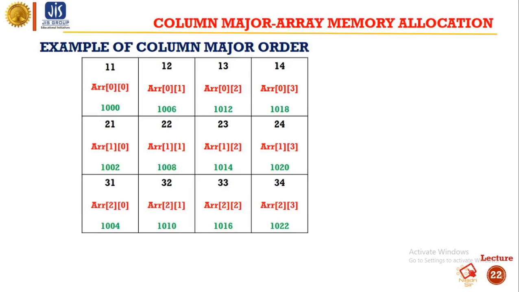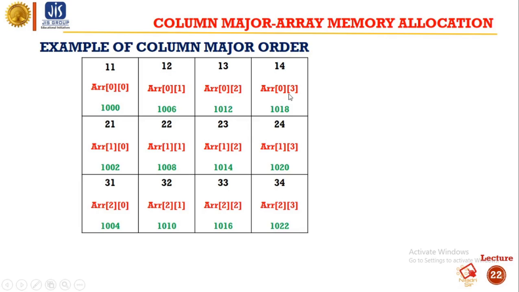So this is the problem. As you can see, here the elements are stored column wise, or memory allocations are done column wise. This is 1000 to 1004. After the first column is completed, we move to the second column: 1006, 1008, 1010. After the second column is complete, we move to the third column: 1012, 1014, 1016.